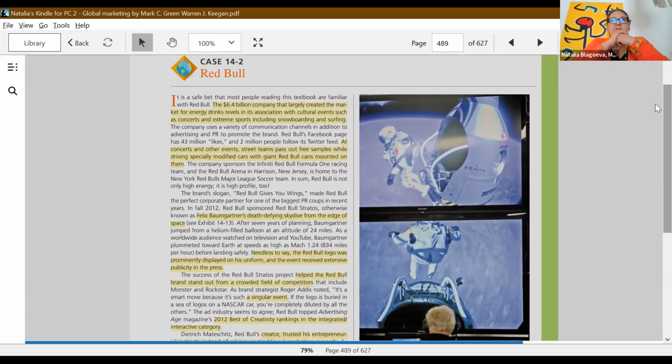One of the things they did is they sponsored the Infinity Red Bull Formula One, and they sponsored Felix Baumgartner's death-defying skydive from the edge of space. So this is what you see on the pictures.